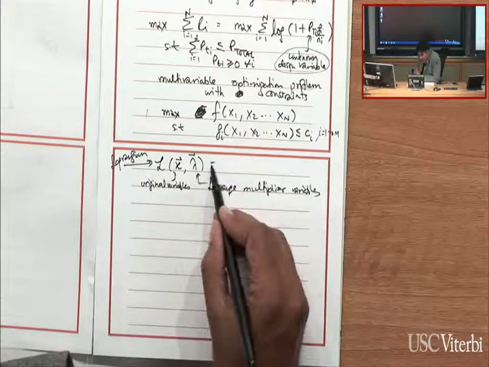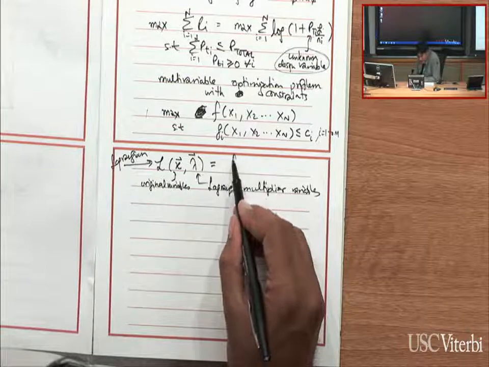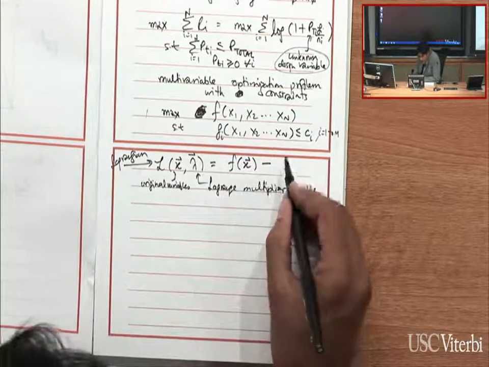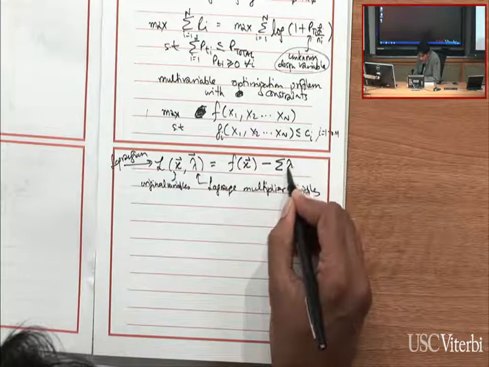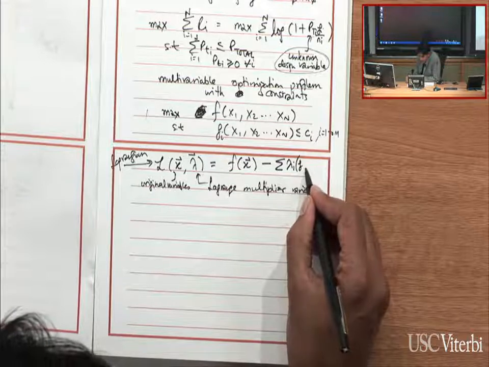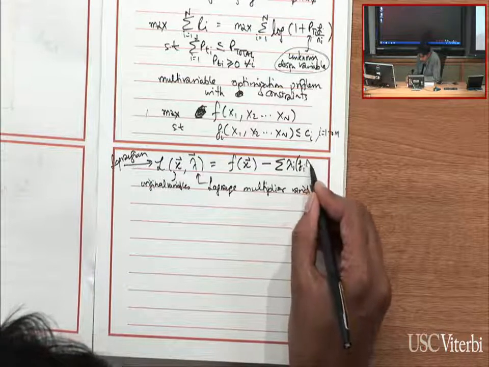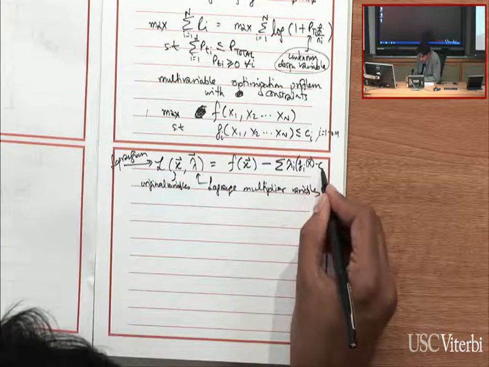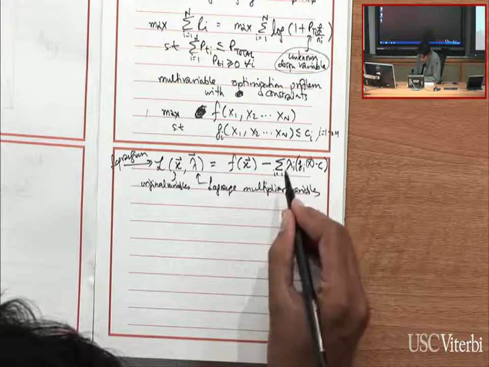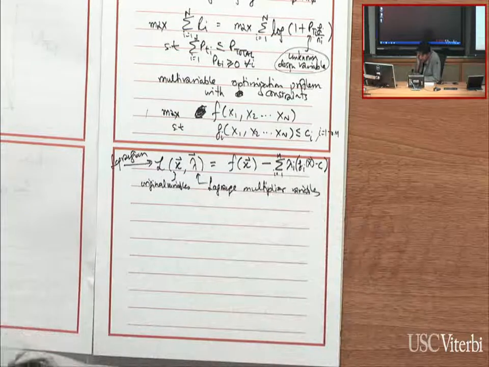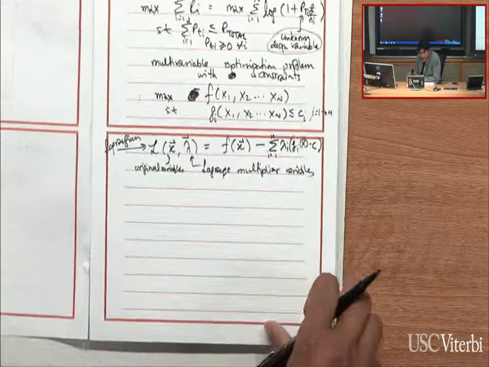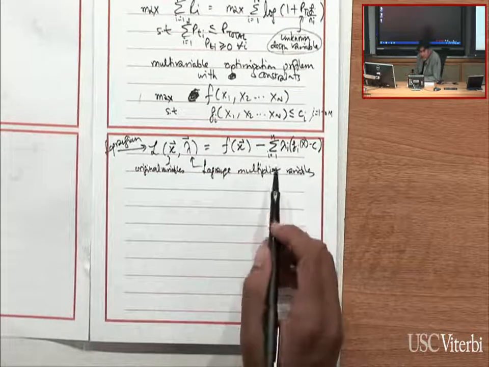And you define this as basically your f function, which only depends on x, minus the summation of lambda i times g_i of x minus c. So what have we done?